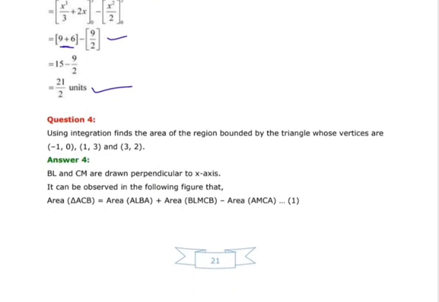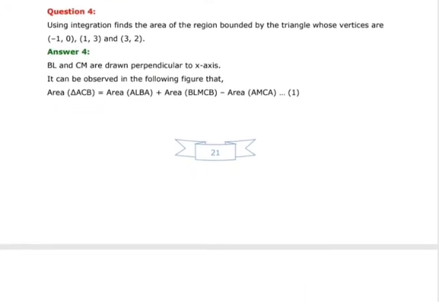So next, question number 4. Using integration, find the area of a region bounded by the triangle whose vertices are minus 1, 0, 1, 3 and 3, 2. Three angles vertices has been given of a triangle. So let's see, they are asking to find the area of a region bounded by the triangle.